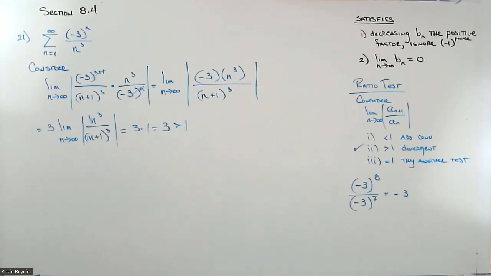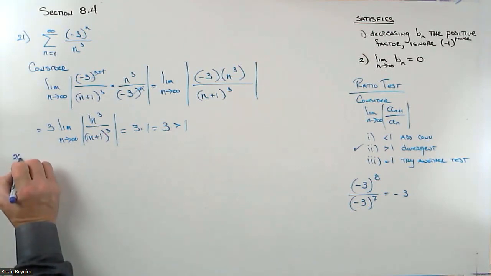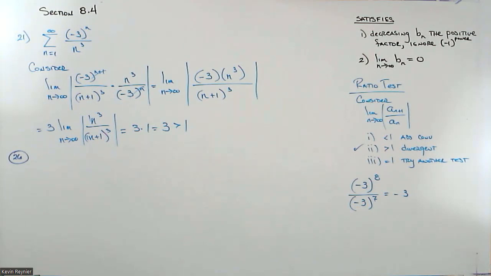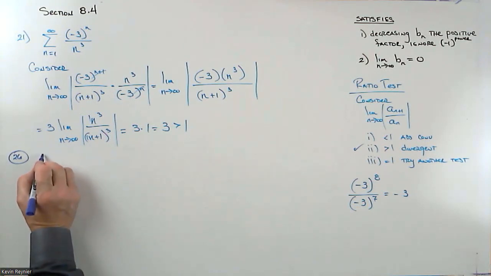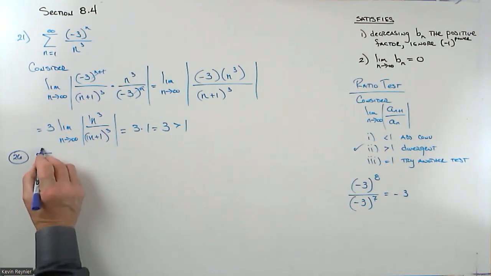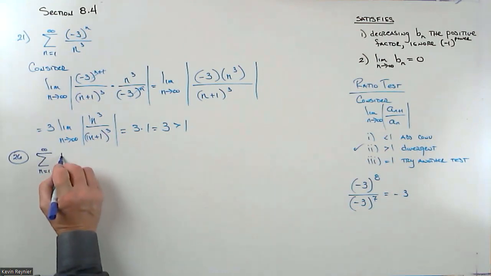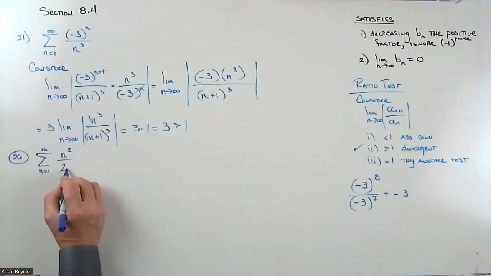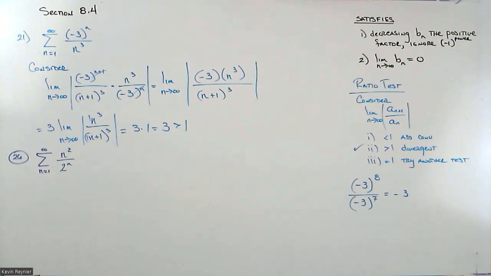All right, so from 21, let's try 26. Same set of instructions for 26. They give us the series n equals 1 to infinity of n squared over 2 to the n. Okay, so we're going to do the ratio test again.